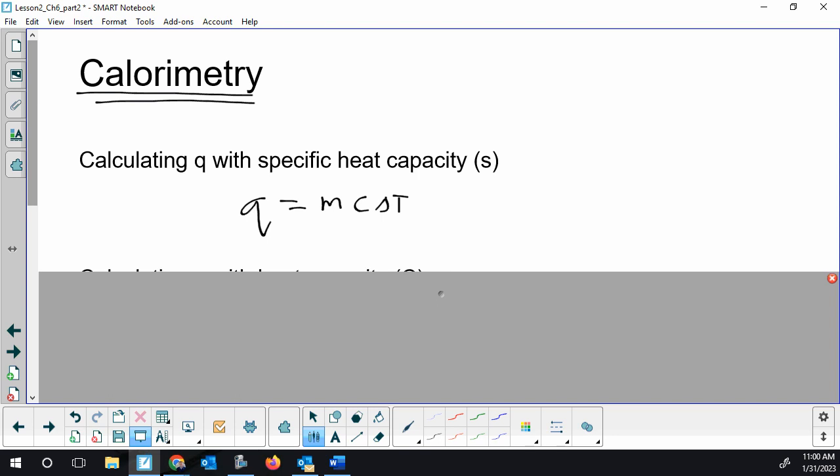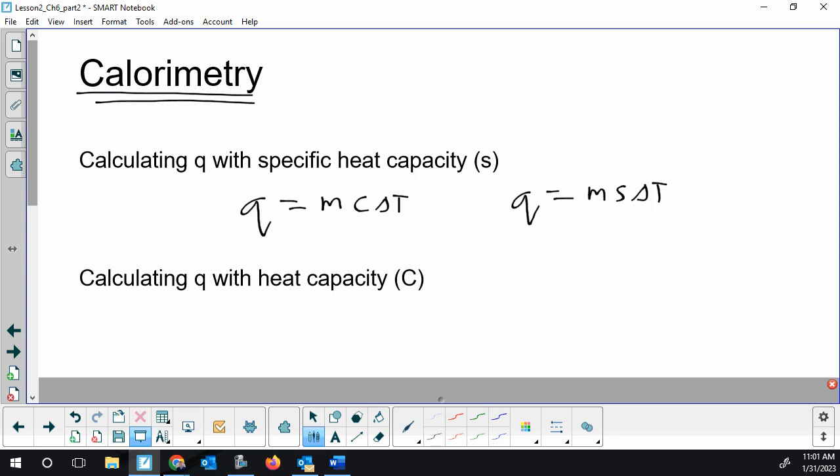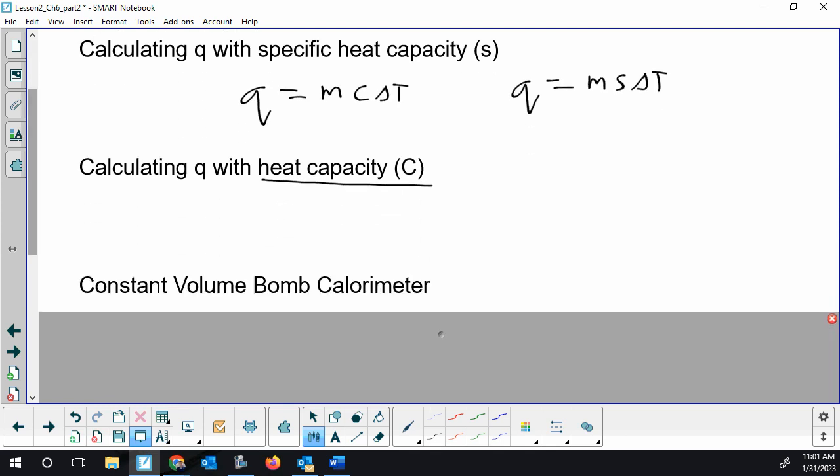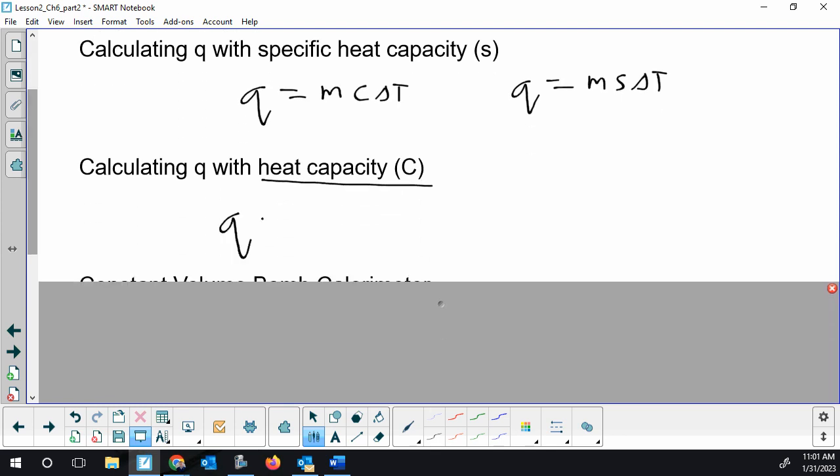Now, some sources for specific heat capacity will use letter S, some university texts. The same thing, little s, little c, same meaning. What I really want to talk about is the slight change with bomb calorimetry when you have just heat capacity. The word specific is gone now. Here, Q equals not the mass and the little c.